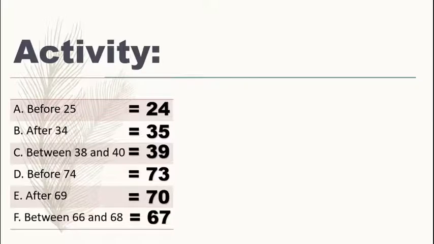So what have you observed when we were doing the activity? We mark the numbers given to us, then we go in the direction we need. We are pertaining to before, after, and between.